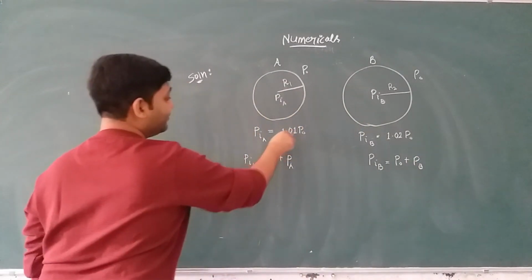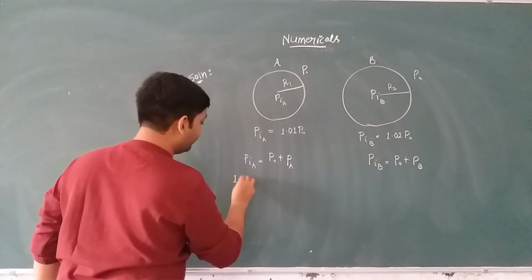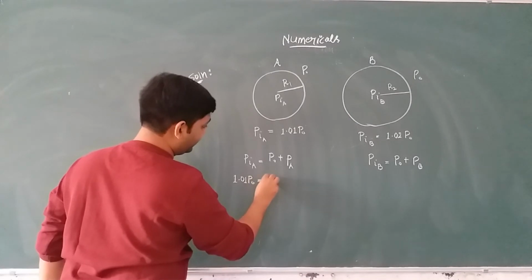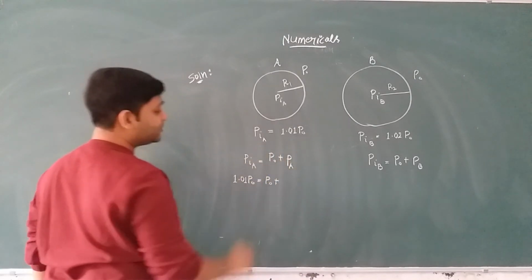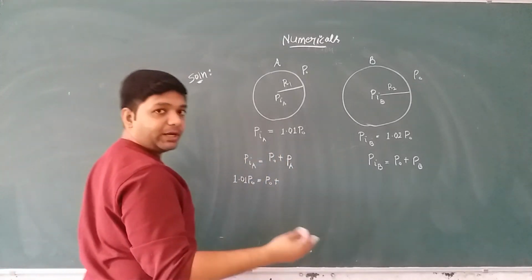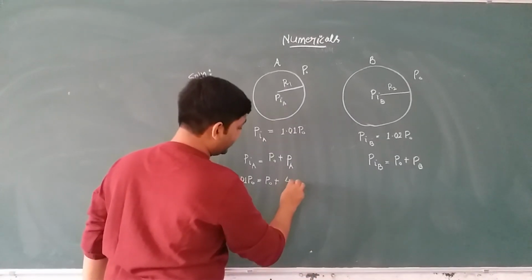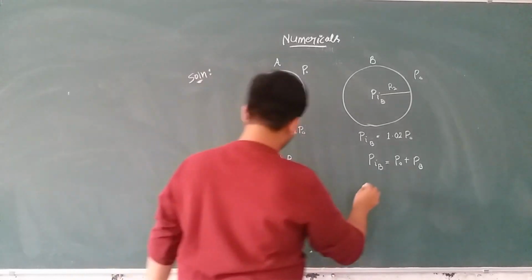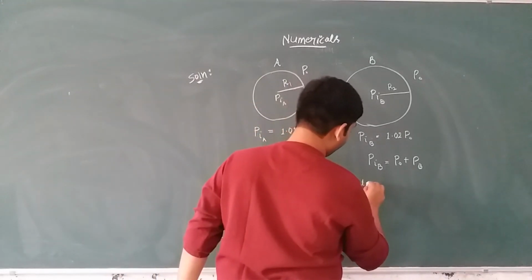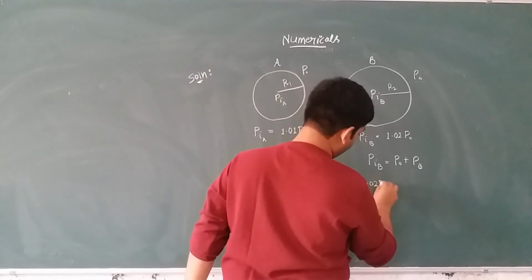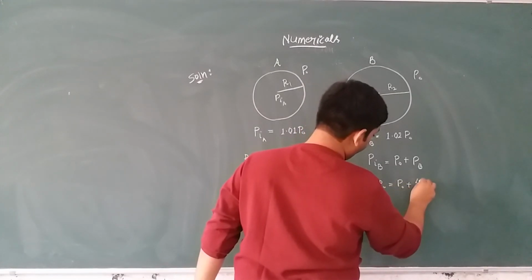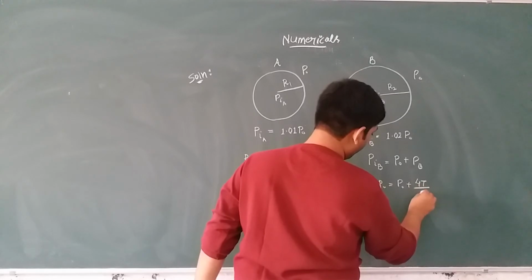Now PIA is given as 1.01 P naught, which is equal to P naught plus the excess pressure inside soap bubble A. We will use the 4T upon R formula, so it will be 4T upon R1. Similarly, here we have 1.02 P naught is equal to P naught plus 4T upon R2.